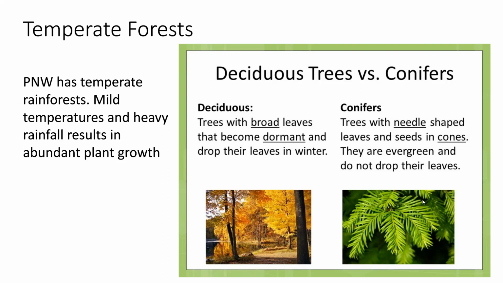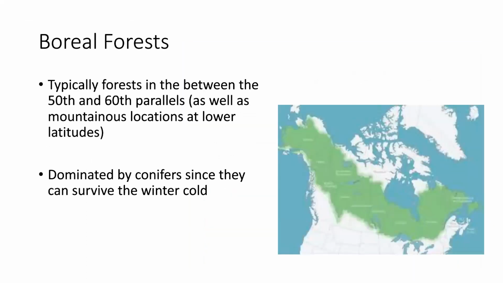Whereas in the coniferous types of forests, those are going to be the evergreen ones, so the ones that retain their leaves, often needles like we see here. And again, that's kind of what we're looking at in the Pacific Northwest. And then if we go even above that, because remember, we're seeing a lot of these different biomes occur in latitudinal stretches.